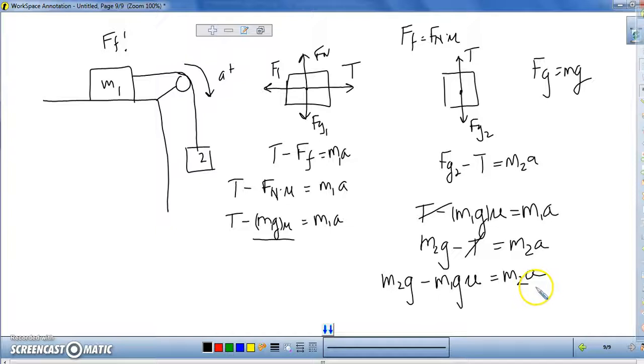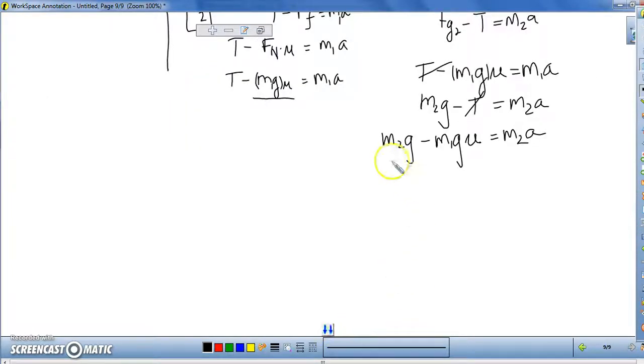So as you can see, we can now write an expression for the acceleration. G's can come out, but nothing else. So g comes out.